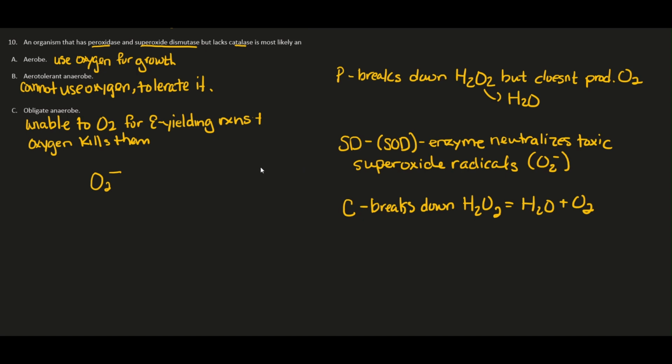And we know here that SODs neutralize them and produce H2O2, hydrogen peroxide, and O2. Well, we go back to our options. We know that our answer cannot be C because obligate anaerobes are killed in the presence of oxygen, and oxygen is present.